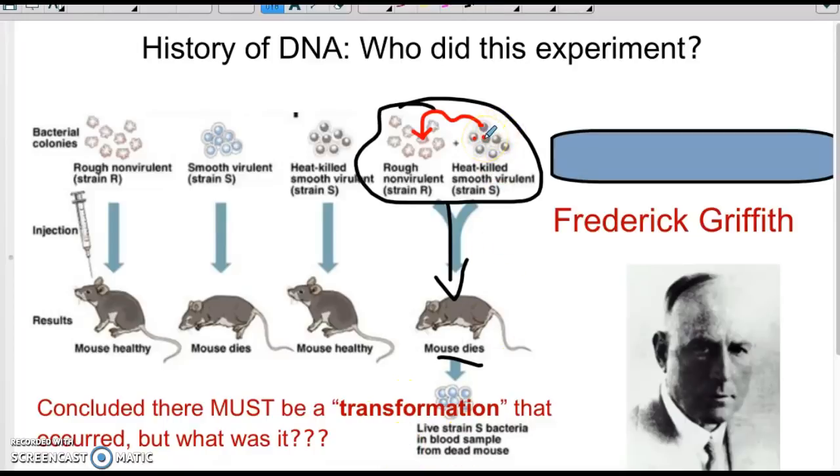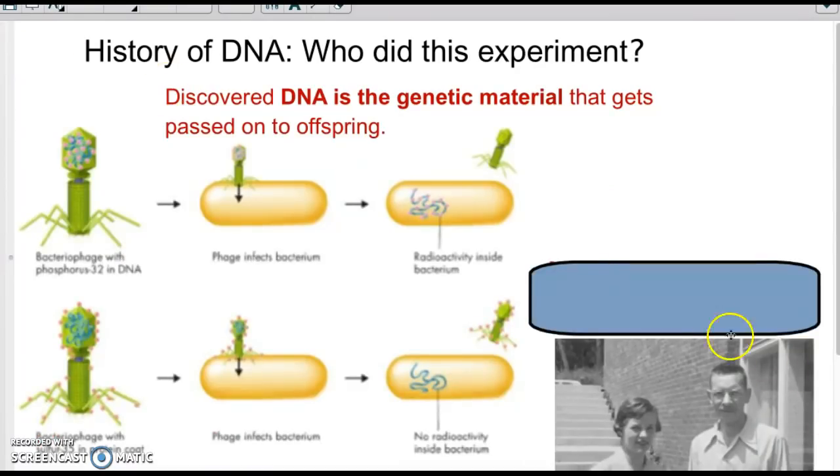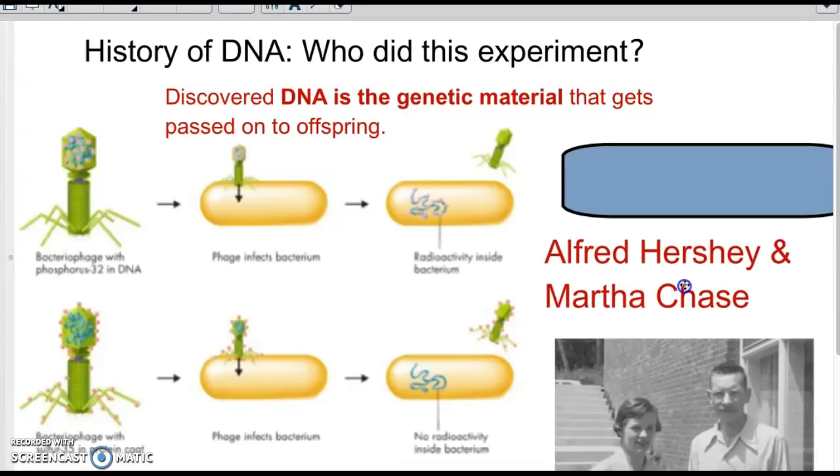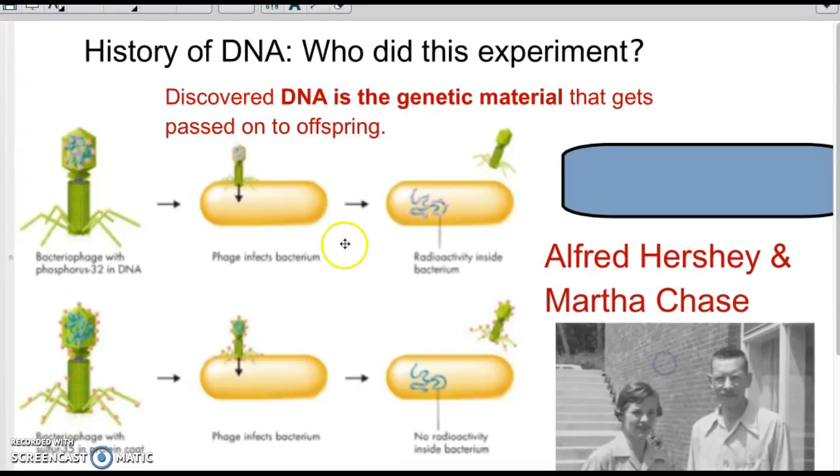Now, did he know specifically what transformed the bacteria, what went from one bacteria to the other? No, he didn't have that specific name, but he got the idea that there's something inside of us that can move, specifically in bacteria, and that can change the bacteria. So what is that? Then two scientists, Alfred Hershey and Martha Chase, continued with this idea of something inside of us.